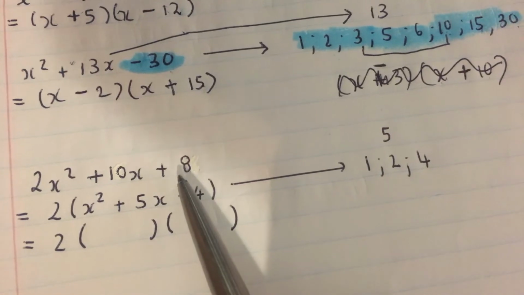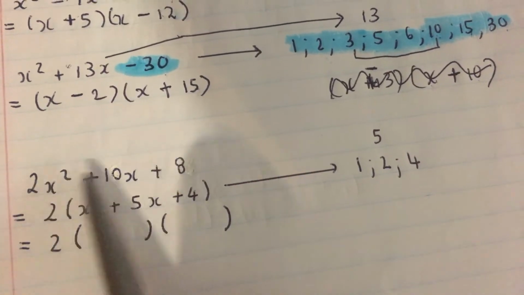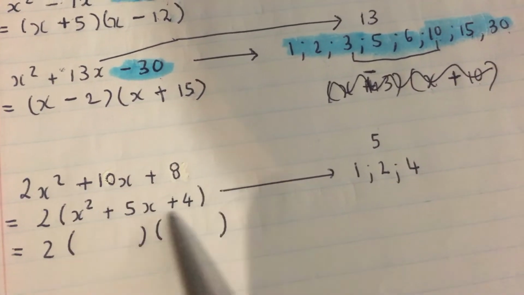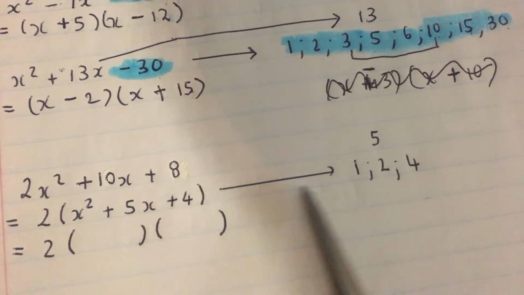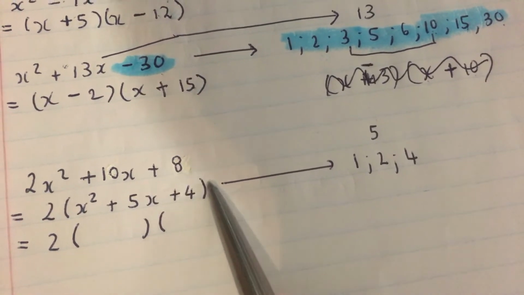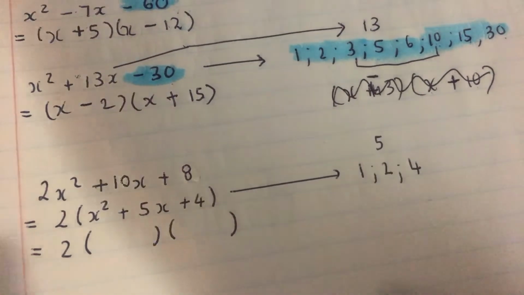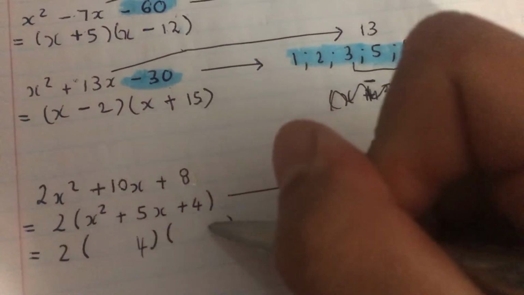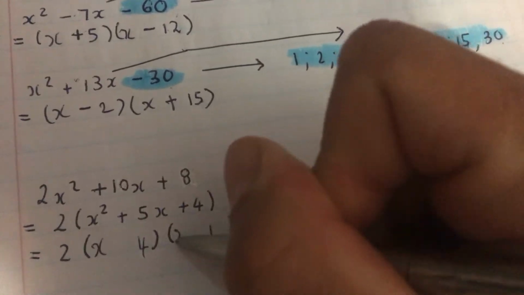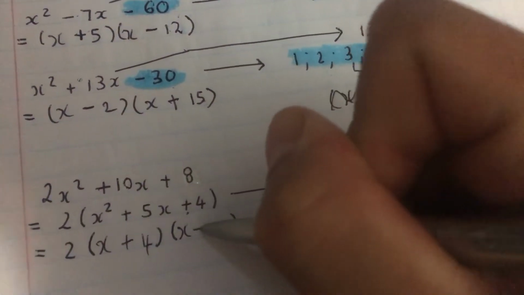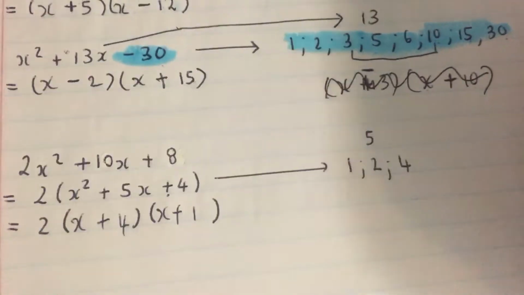You learned that in your first session. 2 is common in all of them, and then I'm left with that. And then ask yourself again, what are the factors of 4 that can get me to 5? I know it's 4 and 1. So x, and it's plus and plus, so the easy one is just plus and plus. All right.